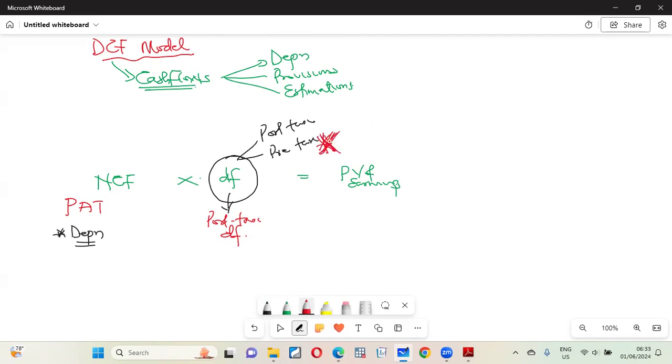We use post-tax. Apart from business valuation, any other thing you do in corporate reporting or financial reporting, we use pre-tax.